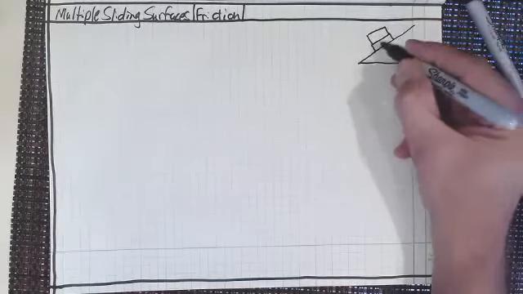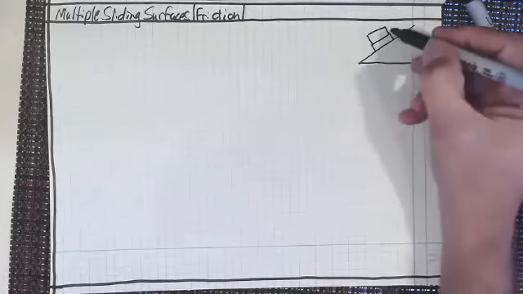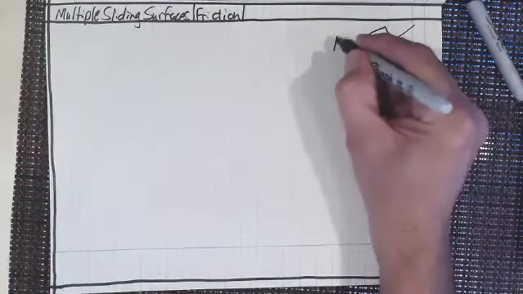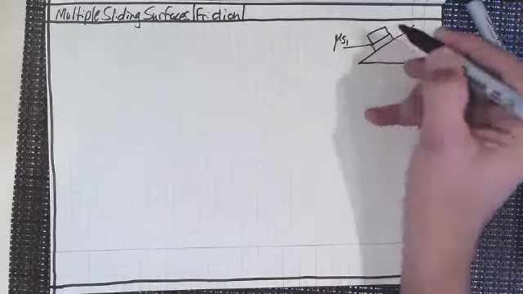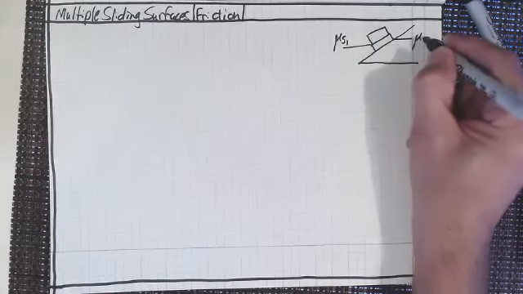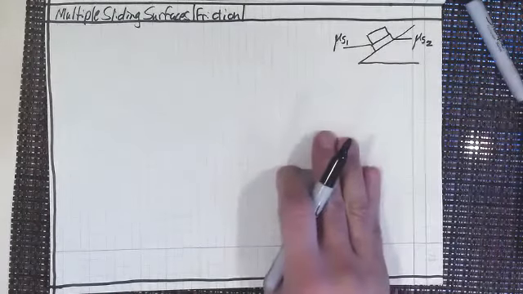So I've got two different packages here. I'm going to say that the surface between them is mu sub S1, and the surface down here will have a static coefficient of mu sub S2.